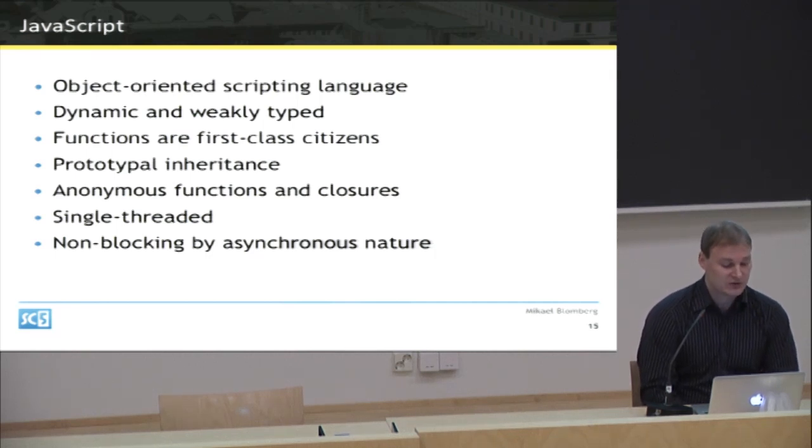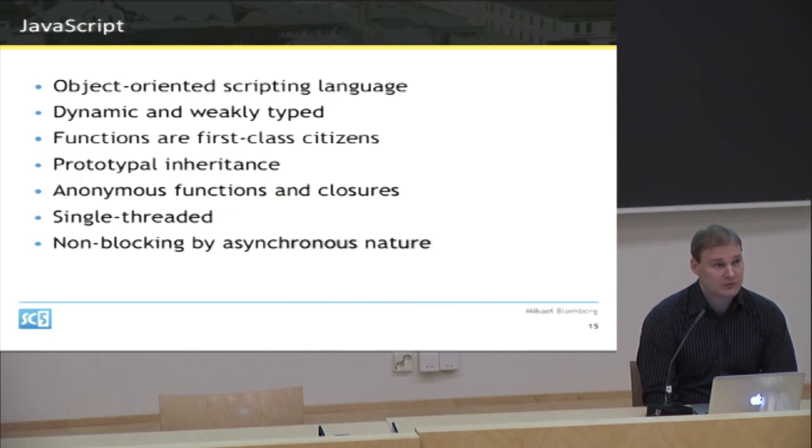But JavaScript in itself is a nice language. It's object-oriented, and that means everything is an object. Okay, there are these native types like numbers, actually I should say floats, and then strings are native types. But everything is an object, and it's dynamic, so even if it wasn't an object but a native type, then it will be translated when it's used.